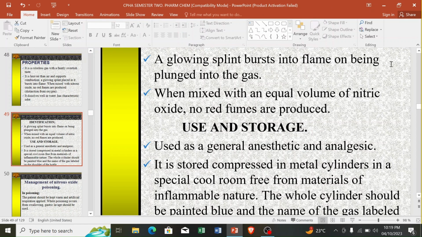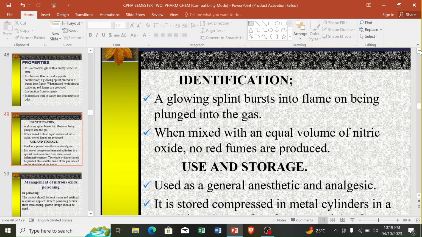So after we have known its properties, there is need for us to know how we can identify the presence of nitrous oxide. Still here we see that a glowing splint bursts into flame on being plunged into the gas. Like those cylinders we saw in the previous slides, when we open up the gas from those cylinders and we have our glowing splint, we expect it to burst into flame or burn much.